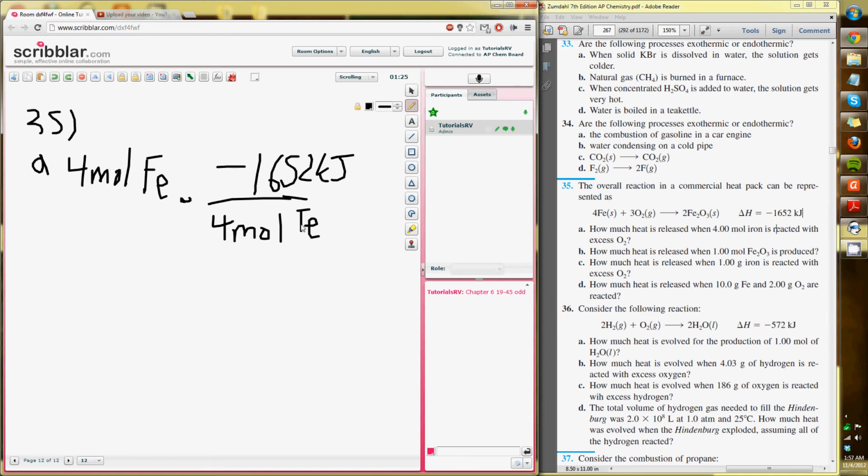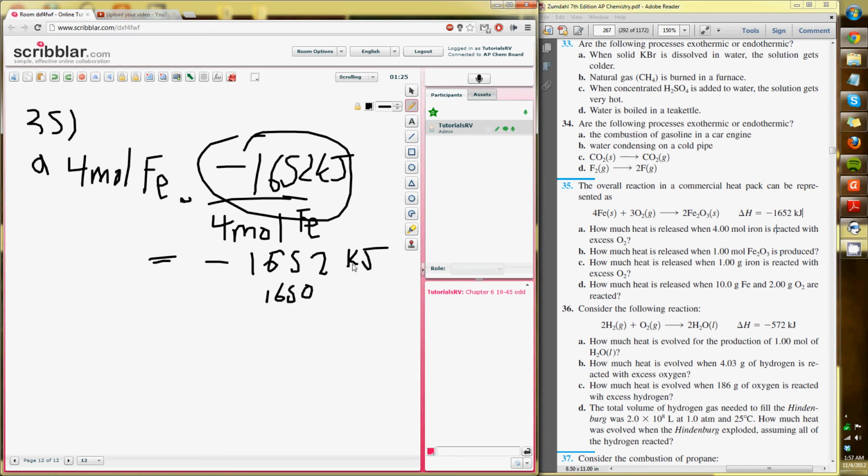So basically, for every 4 moles of iron, this amount of energy is produced, or in this case, energy in the form of heat, and this becomes negative 1652 kilojoules. The book says 1650, which puzzles me as to how they got that, but this is basically the process.